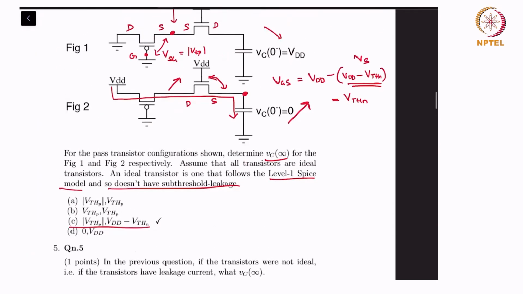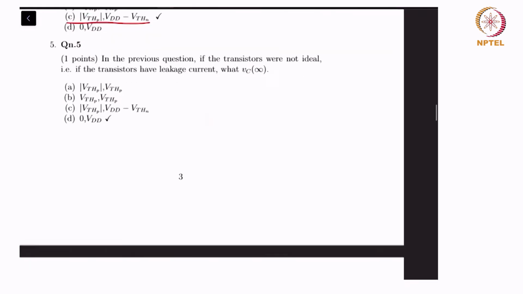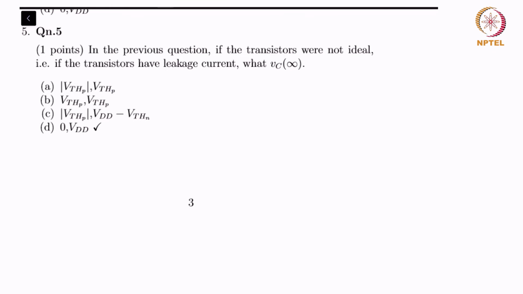If there was leakage, that is if even after VGS dipped below VTN or VSG dipped below mod VTP, the transistor were to continue conducting, that is with the subthreshold conducting equation, which is Is exponential of VGS minus VT by n phi t into 1 minus e power minus VDS by phi t, right?